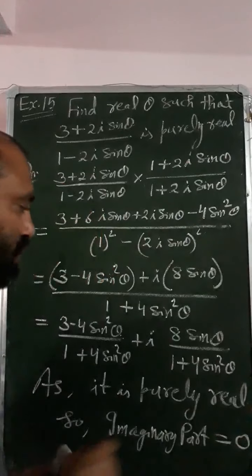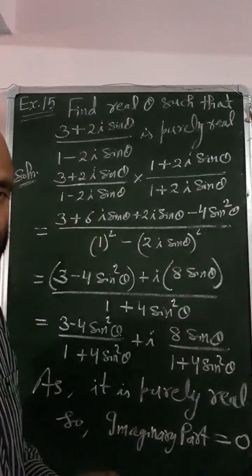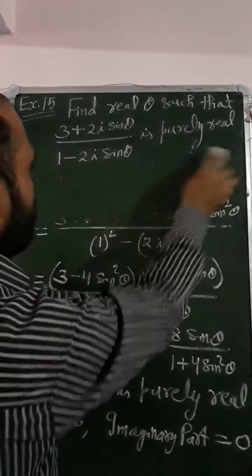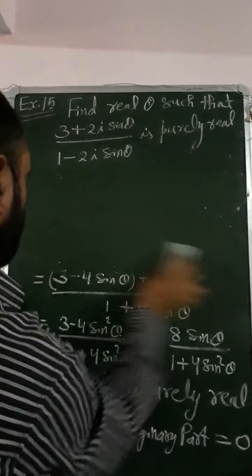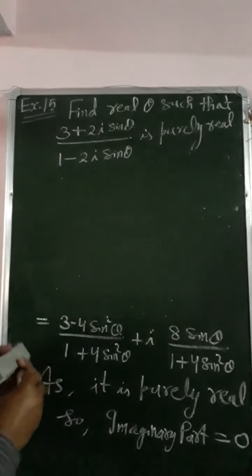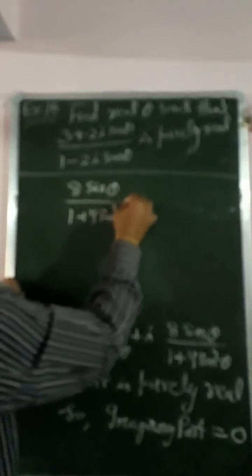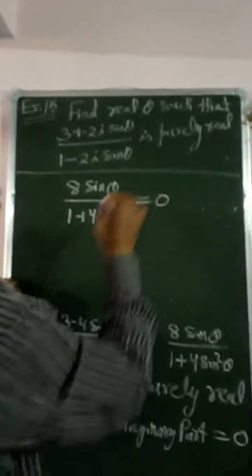You have to put this imaginary part equal to 0, right. So when you put this imaginary part equal to 0, what will we get? We get (8 sin theta) / (1 + 4 sin square theta) equal to 0, right?